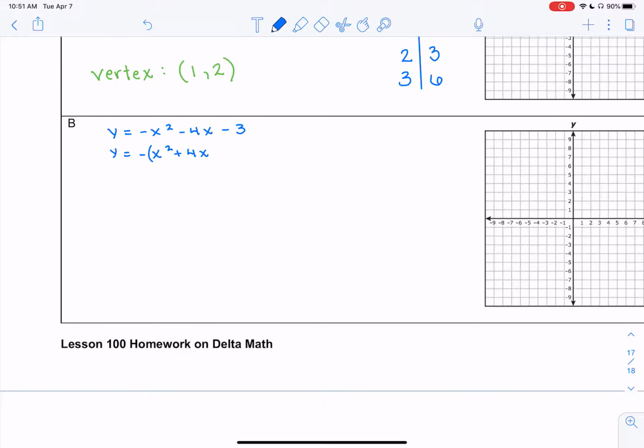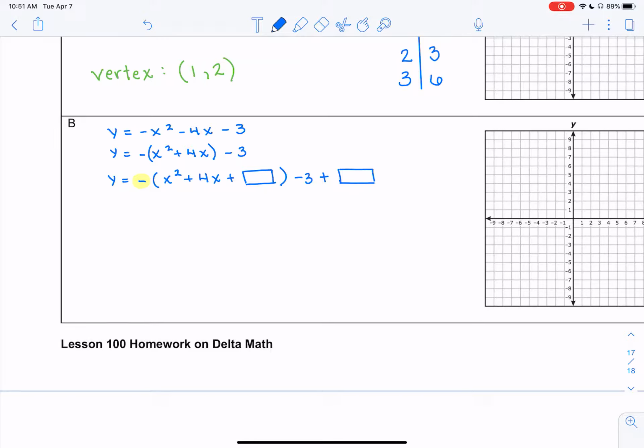So I just factor a negative out front, but it does not impact my minus 3. Next, I'm going to do the magic boxes to complete the square. So inside, I add a magic box. But remember that it's actually being subtracted. So if I subtract a magic box, that means out here, I have to add it in order for it to cancel.